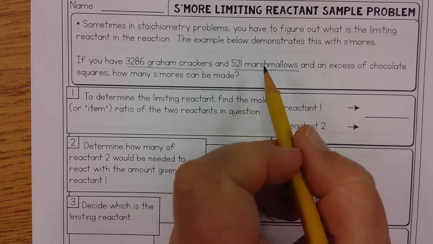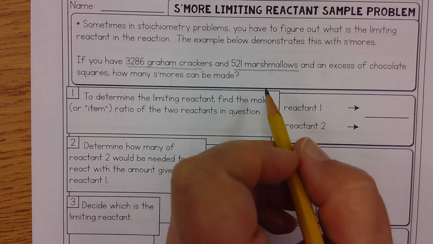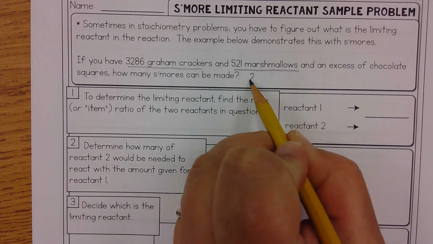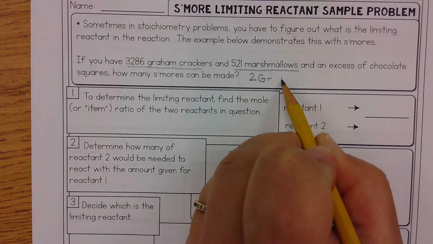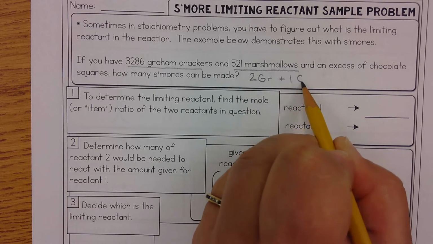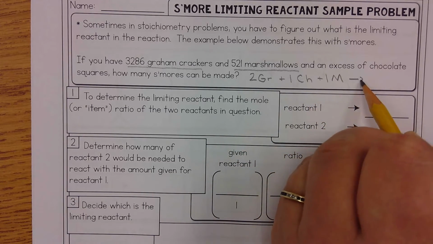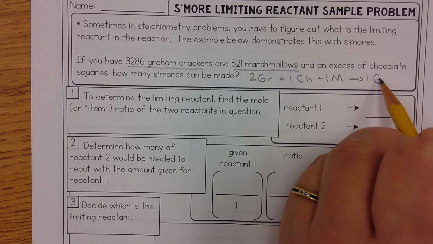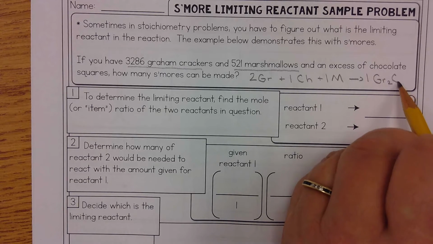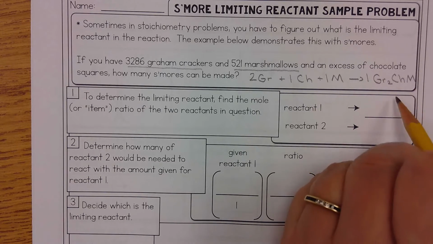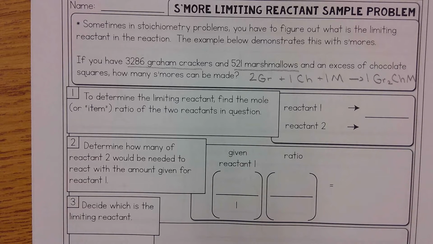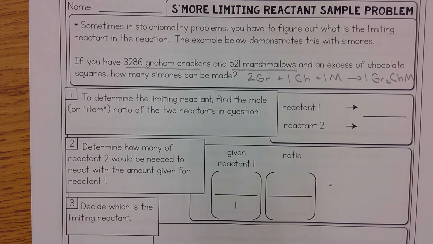Let me remind you of the equation, because it will become important later on. 2 graham crackers plus 1 chocolate square plus 1 marshmallow will make 1 s'more. So that's our equation.